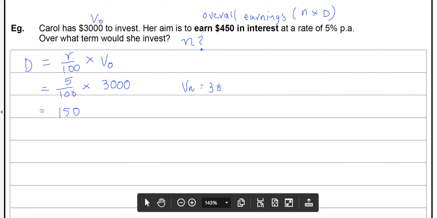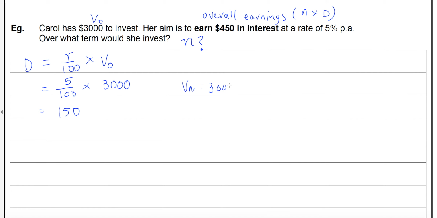So what we want to do is set up a rule. So we've got VN equals... she's got $3,000 to invest. So 3,000 plus N times D. So N we don't know, but we know D now. It's 150. And what we want to do is solve for N. Now the thing is, what would we put in here for VN?